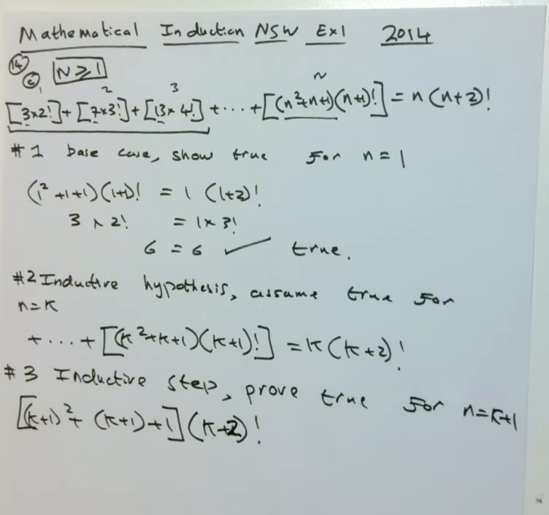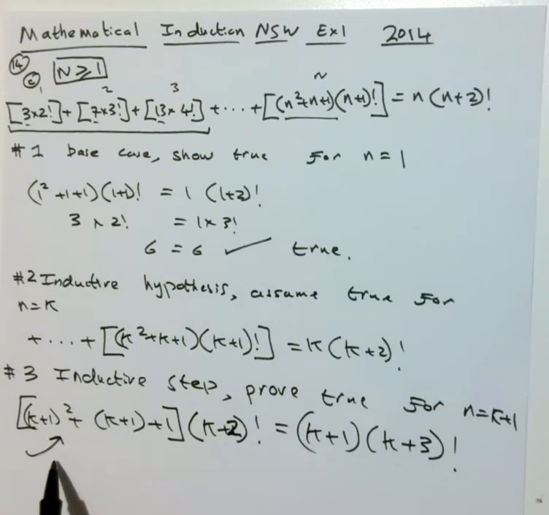So I've just altered the parentheses for clarity, and we've got k plus 1 and k plus 3. So this is what is required to be proved.